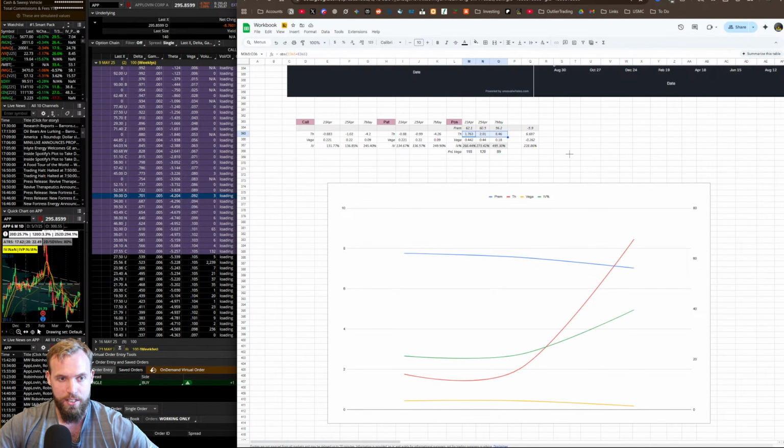This is a great example where you might actually see what you're hoping to see, which is a really big change in IV coming into earnings, which you objectively saw here. But even though that big change happened, it still wasn't enough to outpace your theta.